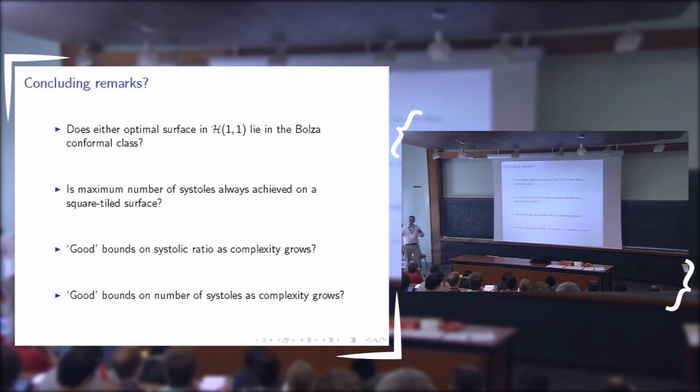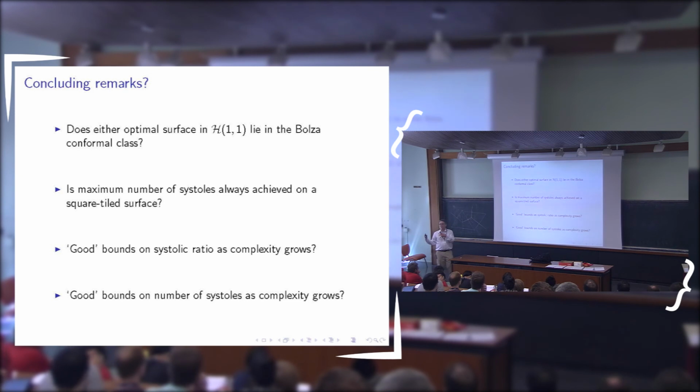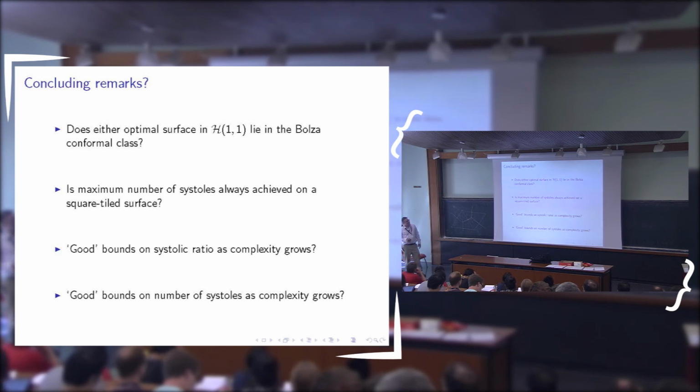Does either optimal surface, either the surface that we think is the maximum systolic ratio for H11, is it a Bolza surface, or the one that has the maximal number of homotopy classes of systoles, is that in the Bolza conformal class? I thought we knew this, but we couldn't remember what the answer was. As far as we know, it's open. So is it either one? They can't both be Bolza, but maybe one is.